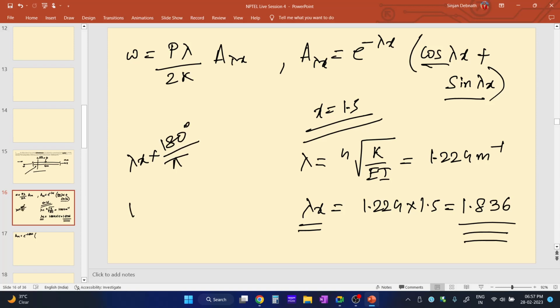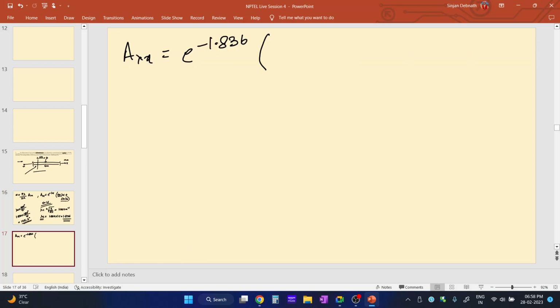So 1.836 into 180 by pi, if you solve this, will be equal to 105.2 degrees. We use this for the sine and cosine terms. So e to the power minus 1.836 into cos of 105.2 degrees plus sine of 105.2 degrees. If you solve this, you will get the value of A lambda x.